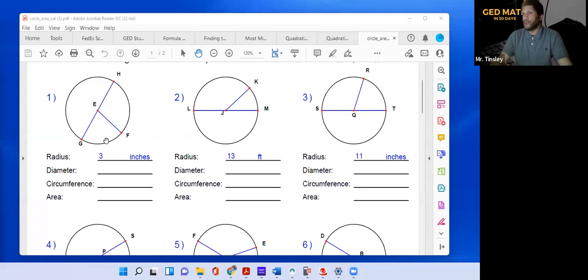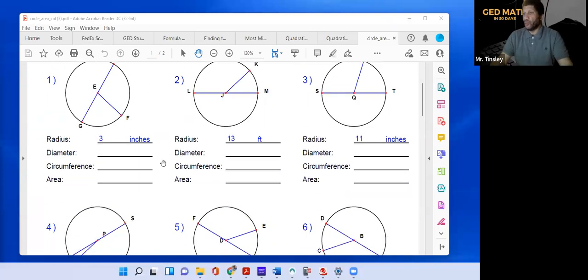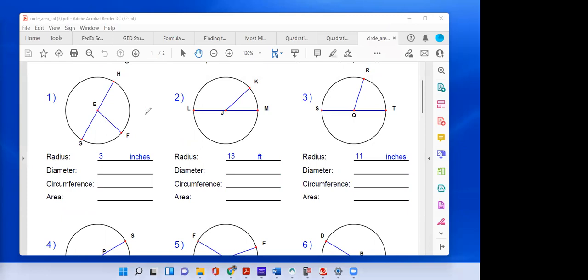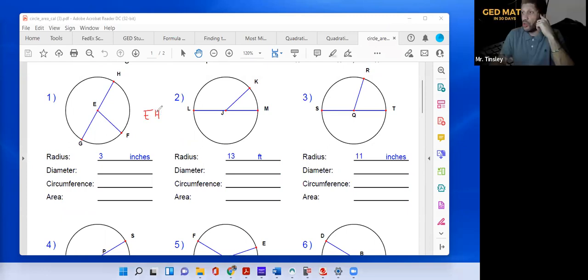let's look at number one. If we're looking at number one, give me the line segment that would correspond to the radius. E and H. EH, right.